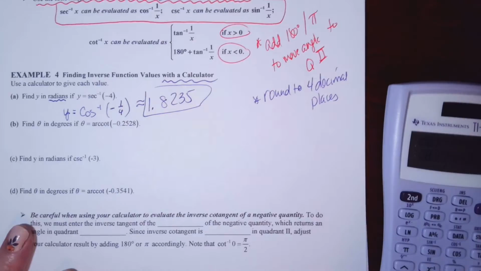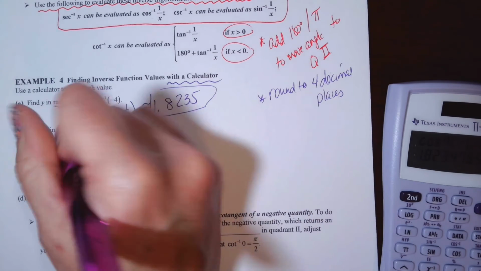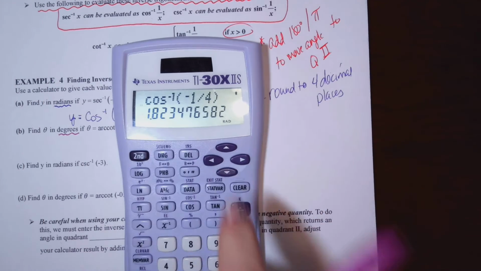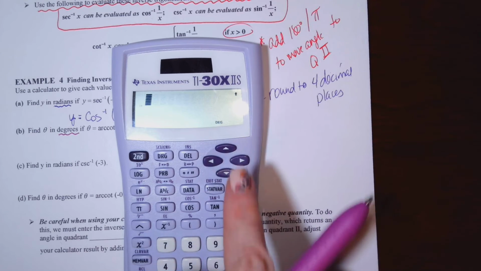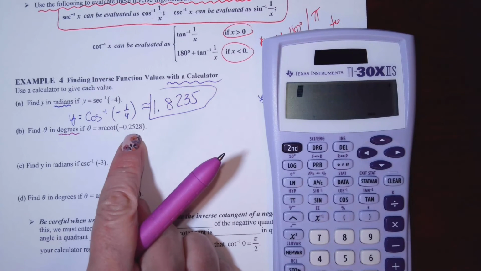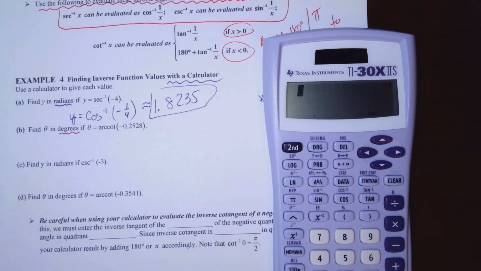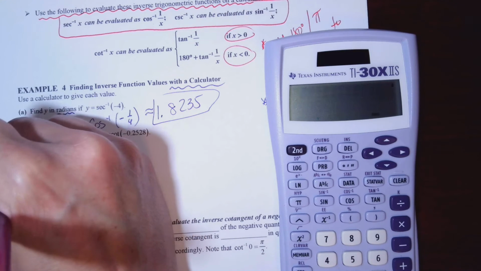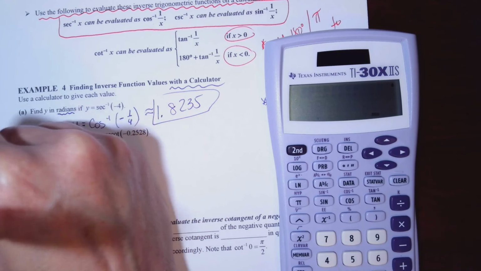Okay, next. We need to find theta in degrees. So I need to change back to degree mode for my calculator, in degree mode here. Our cotangent is -0.2528. Okay, so this is the one. Cotangent inverse is negative in quadrant 2.